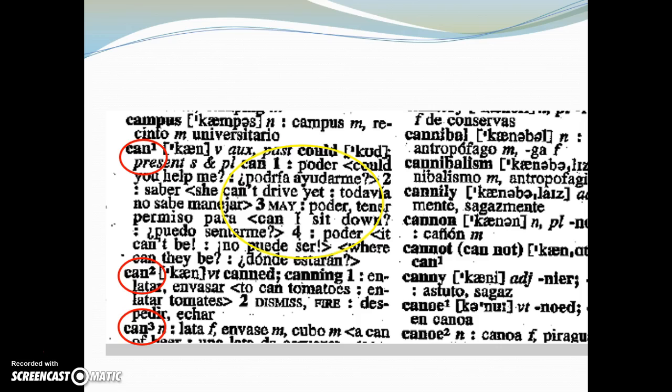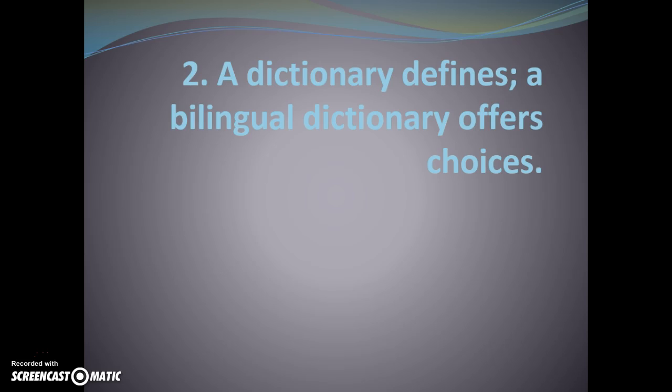If we look at can number 2, you've got latar, envasar, despedir, echar. We've got tons of different ways that we can use this word can. So you've got 3 entries, and within each entry, you've got different choices. So make sure that you really look at the context of your sentence to make sure that you pick the right version.